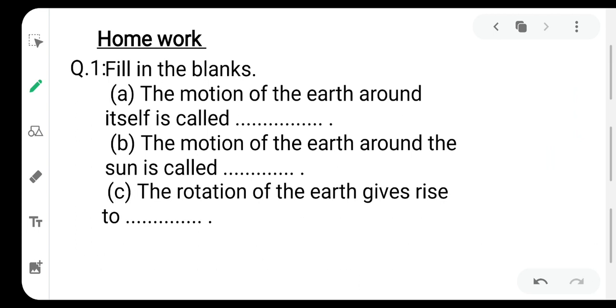The motion of the earth around the sun is called dash. And the rotation of the earth gives rise to dash. Here I want you all to find out the answers. In the next video, I will give all the fill in the blanks question answers.